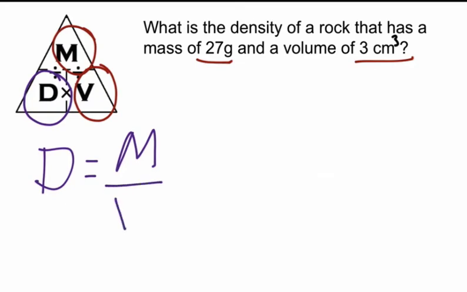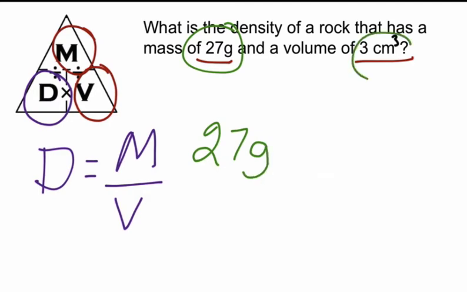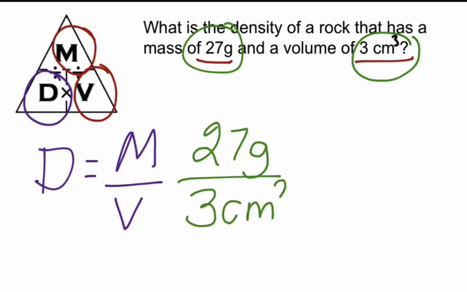Since we have a mass of 27 grams and a volume of 3 cubic centimeters, I'm going to divide my mass by my volume, and that gives me 9 grams per cubic centimeter.